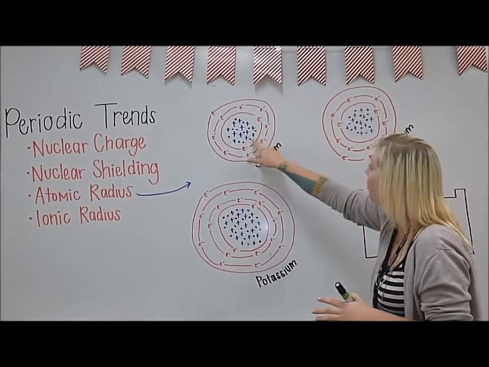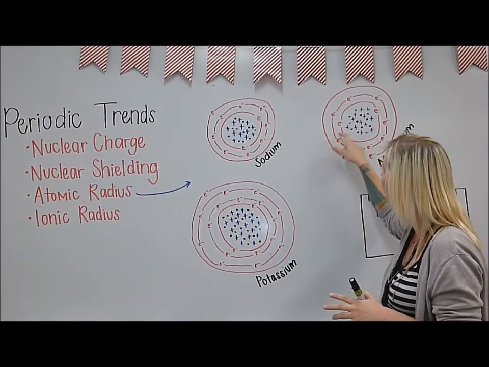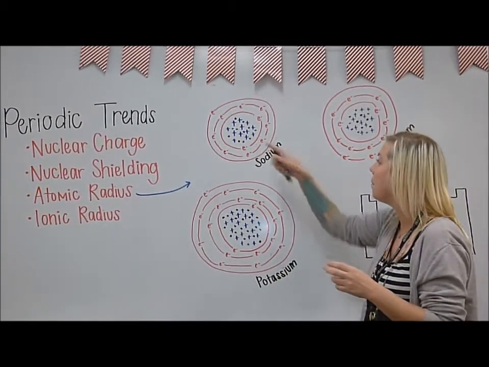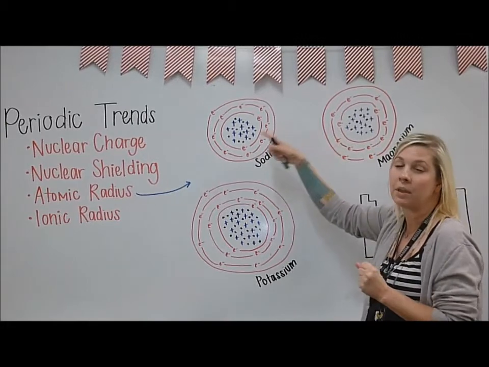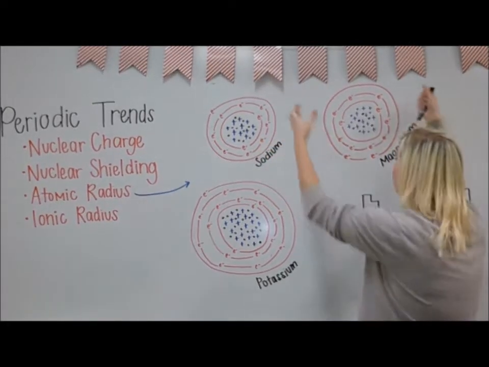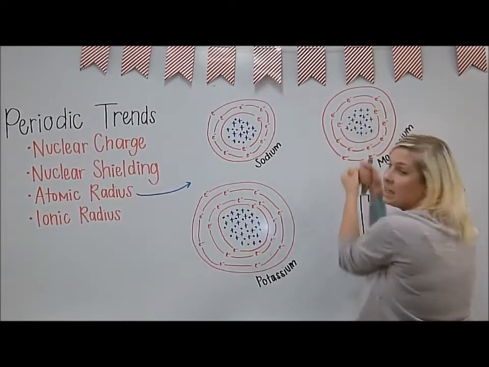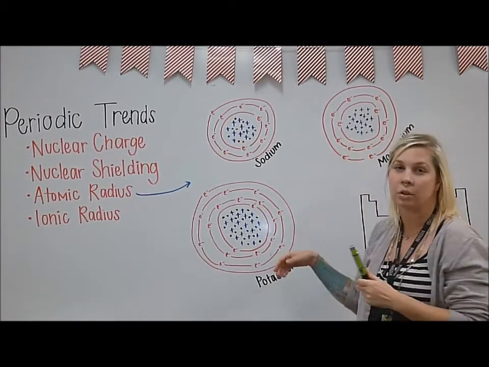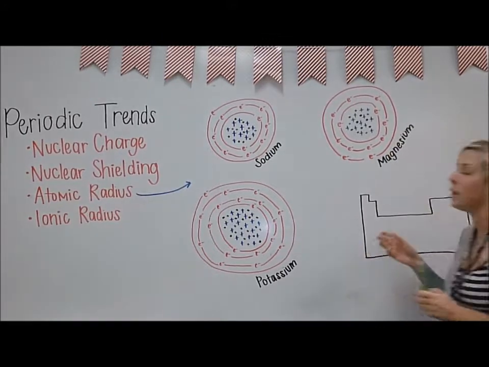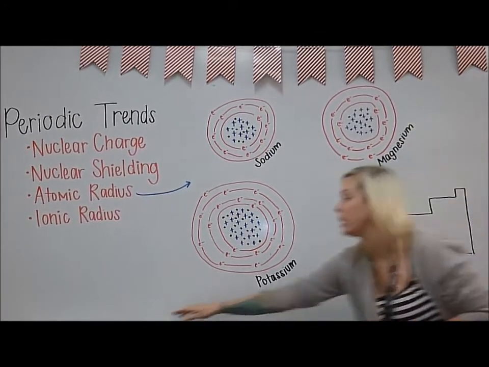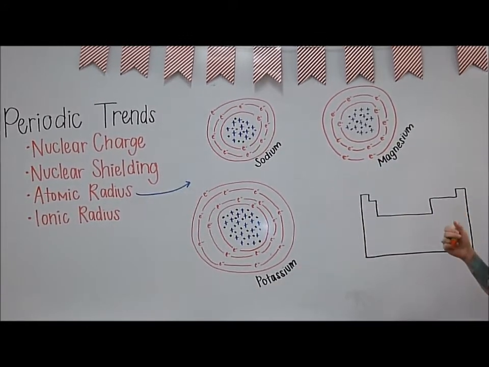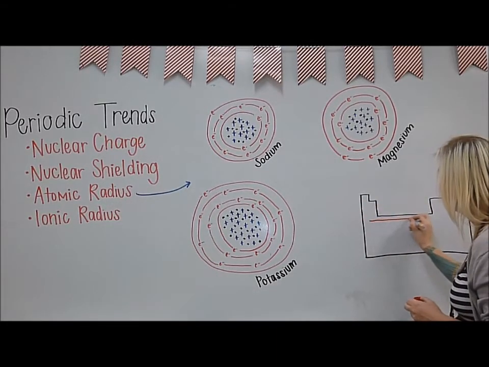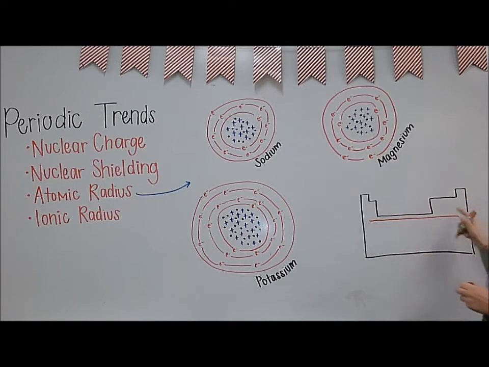So even though both of them have 3 energy levels, okay, so their electrons are housed on 3 energy levels, the pull is greater for magnesium than it is for sodium, okay, because those protons are pulling those valence electrons in. They're a greater charge, a greater ratio of protons to electrons. So as we're looking at trends in the periodic table here, okay, if we're looking at the atomic radius, as we go across this way, we are decreasing.